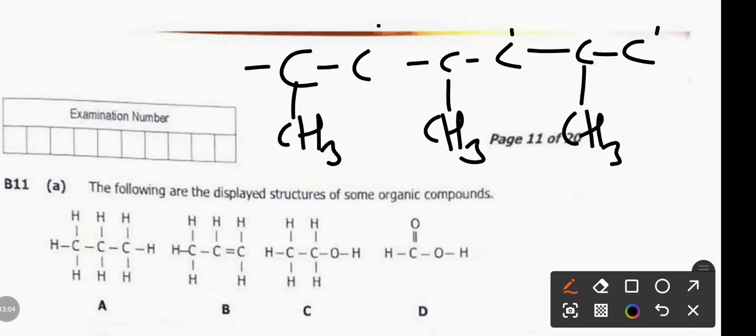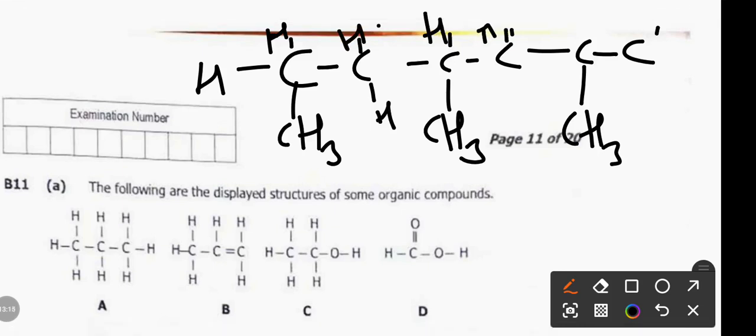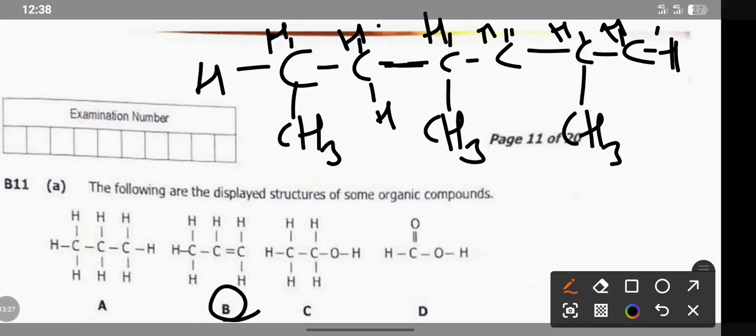CH3, then the rest are just hydrogens. Hydrogen there, hydrogen there, hydrogen there, hydrogen there, hydrogen here, and hydrogen there. So this is the structure of the polymer formed by compound B.